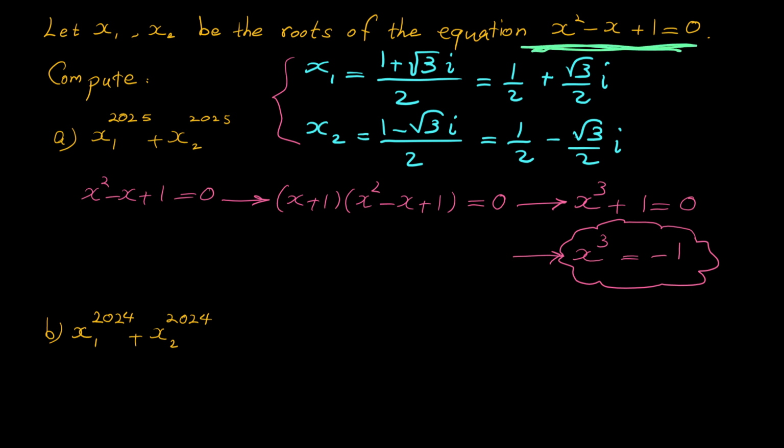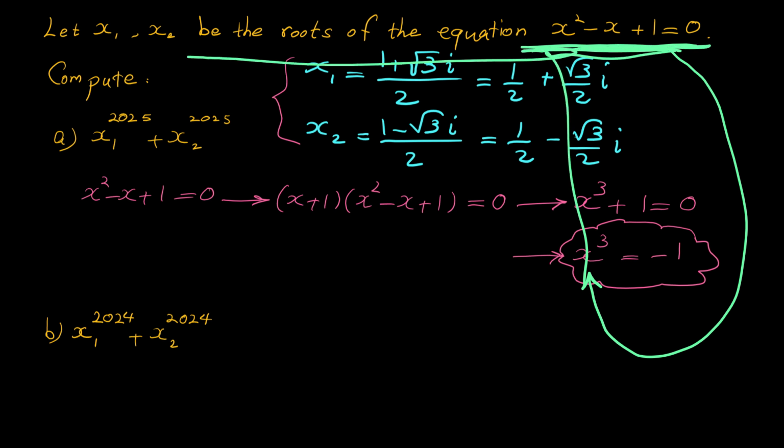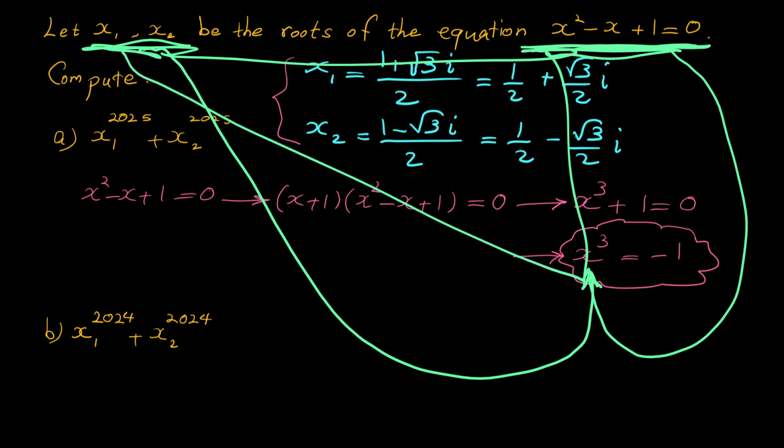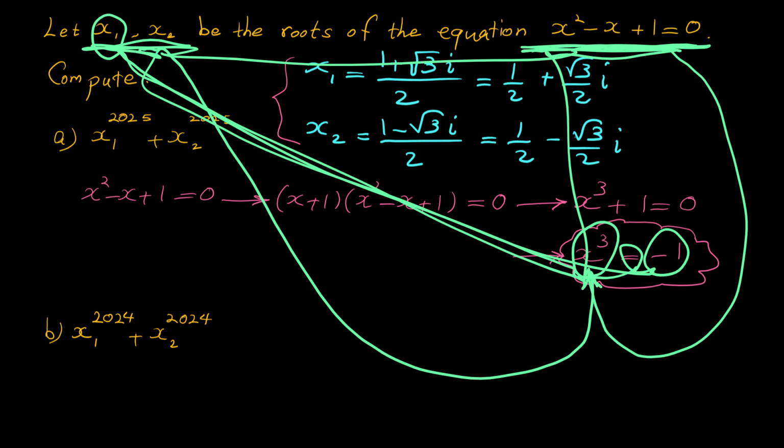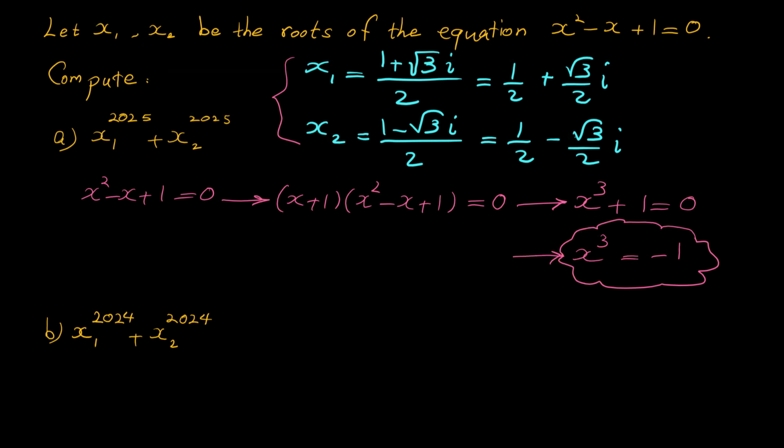X here is the same x as here, and the roots of this equation, which are x1 and x2, satisfy this condition. So x1 to the 3 is -1, and x2 to the power of 3 is also -1, because, please pay attention, x1 and x2 are the roots of this equation.